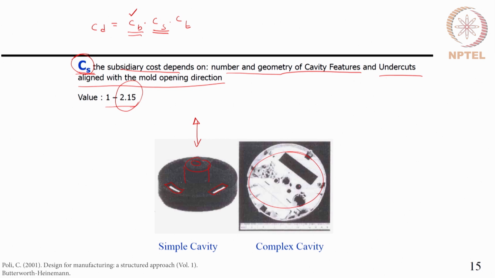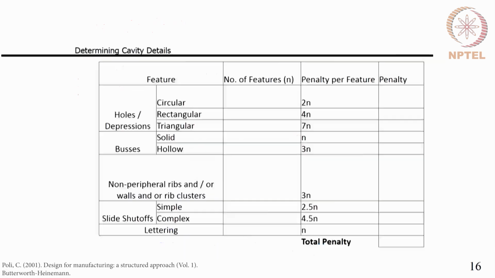If we have too many holes and bosses and other features in the mold opening and closing direction as shown in this picture, where the cavity complexity is high, the CS value could be as large as 2.15. So, let us see how we determine the CS.